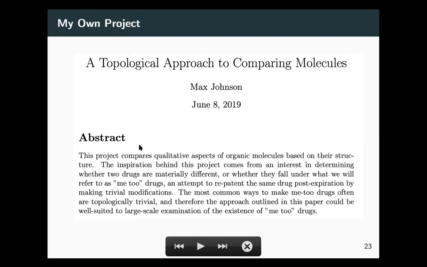However, topological data analysis has groundwork in linear algebra, and computers are very fast at linear algebra. So you can use it to compare these drugs. The idea for me is there's an issue in pharmaceuticals where when a drug patent is about to end, a company can just adjoin an extra, entirely trivial part to the old version.